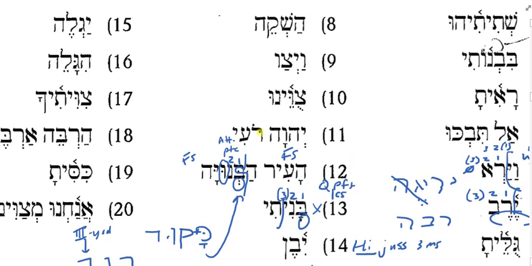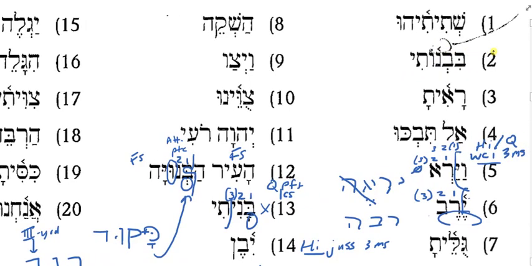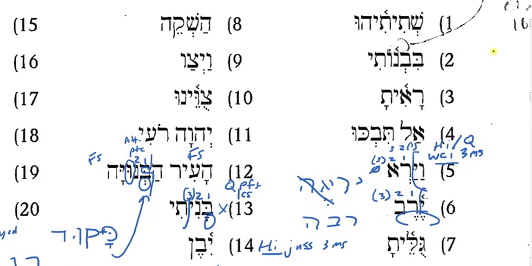Number 2. Yeah, let's look at number 2. This is, repeat after me, biv no thi. Okay, do you have an accent mark on yours? Yeah? I don't think there's supposed to be an accent here. Okay? I can't think of why there is one.